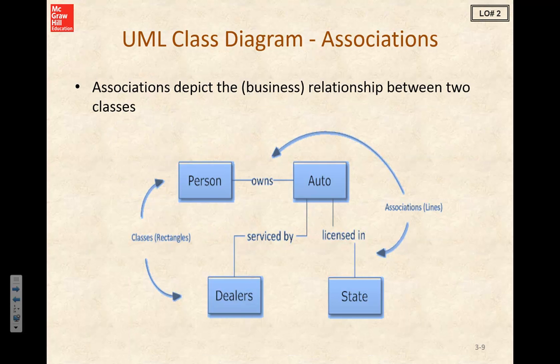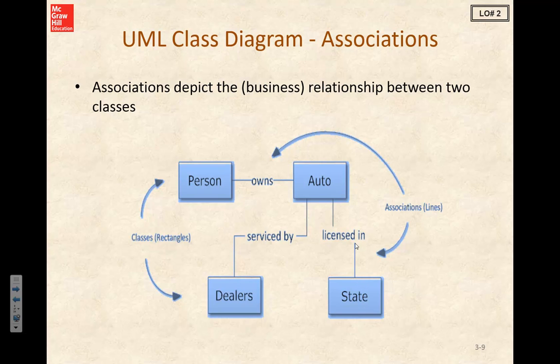When it comes to associations, those depict the relationship between two classes. On the screen you can see that we have our classes, which are depicted in rectangles: person, auto, dealers, and state. And our associations would be the lines running between them, like auto and state.